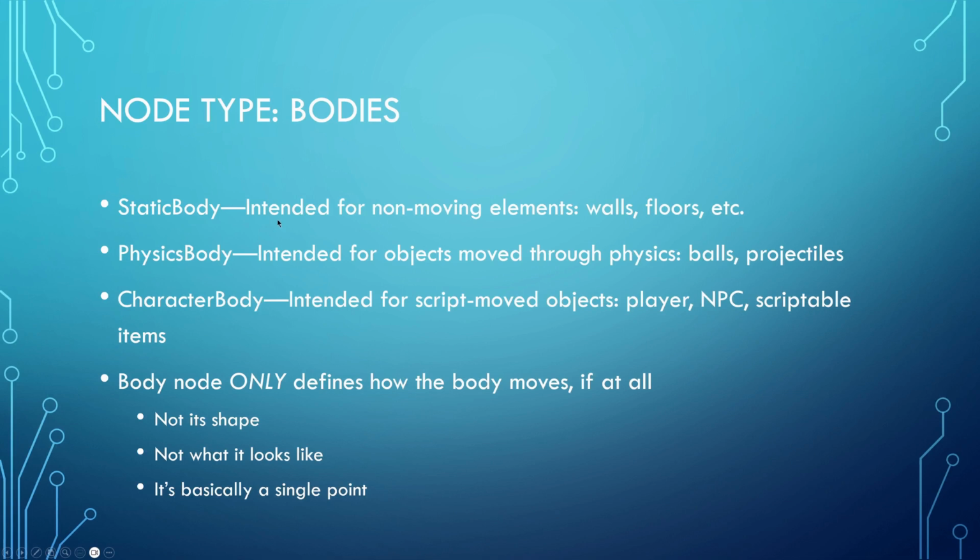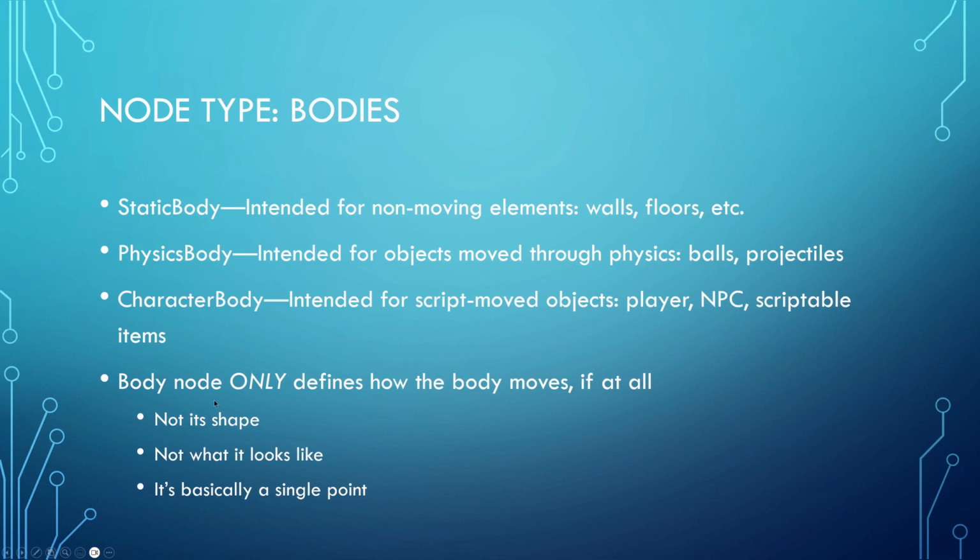So keep this rule of thumb in mind. If it's going to be something that's standing there and not moving, use a static body. If it's something that you want to be controlled through physics, but you don't want the player to control directly, consider using a physics body. And if you have a character or something else that you want to be moved through scripting, you can use a character body.